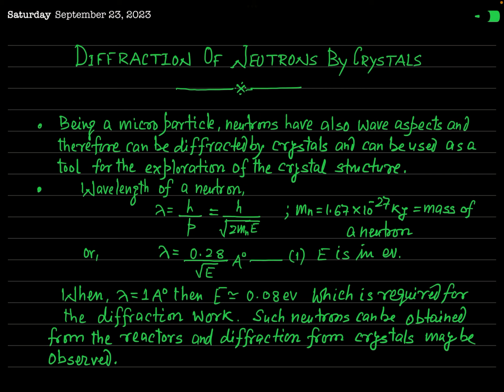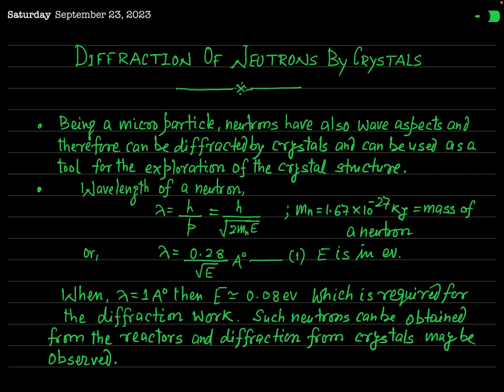So quantum mechanically we simply say that neutrons also have a wave aspect, and neutrons are associated with wave packets. Okay, and if anything is a wave, that must be diffracted. If the wavelength of the wave is just comparable to the dimension of the diffracting aperture, then effectively diffraction takes place.